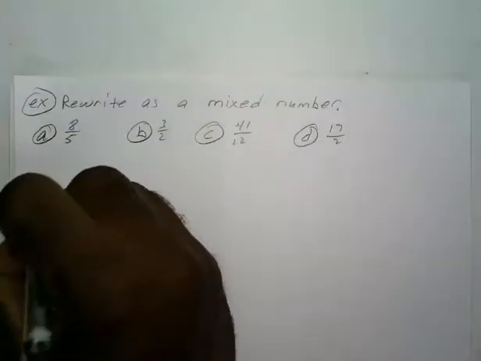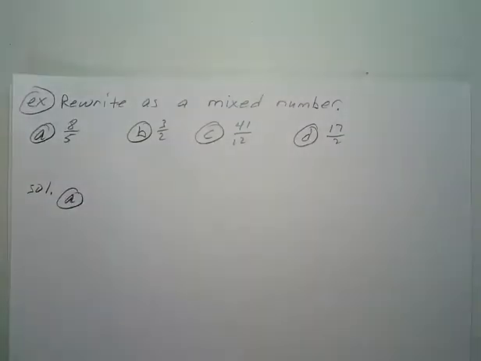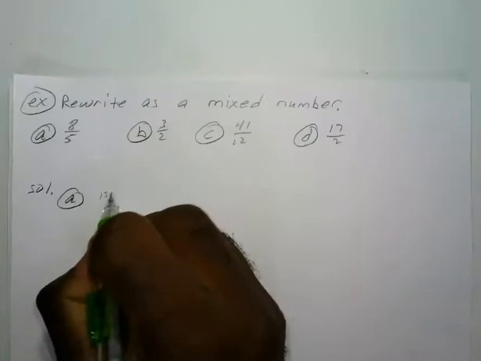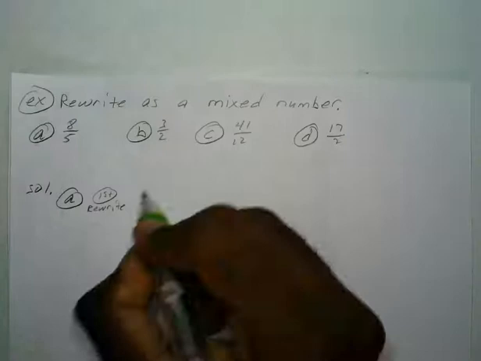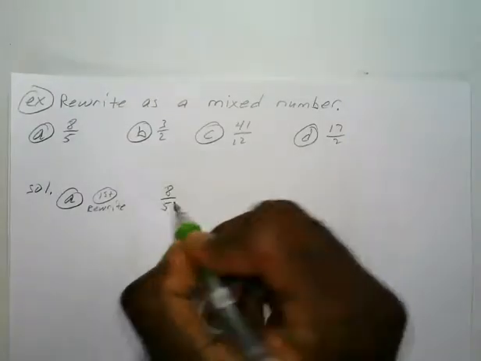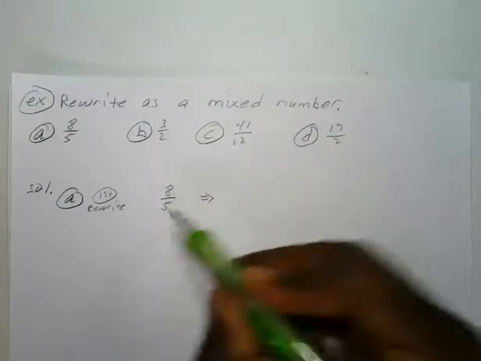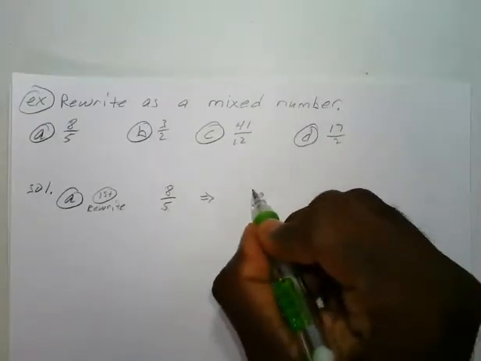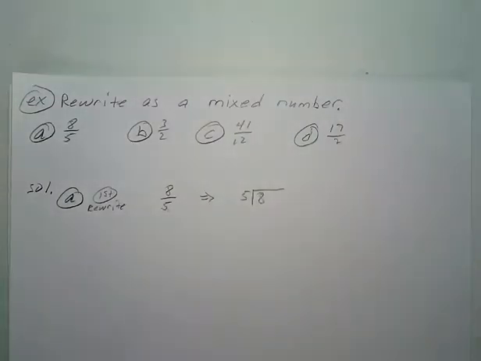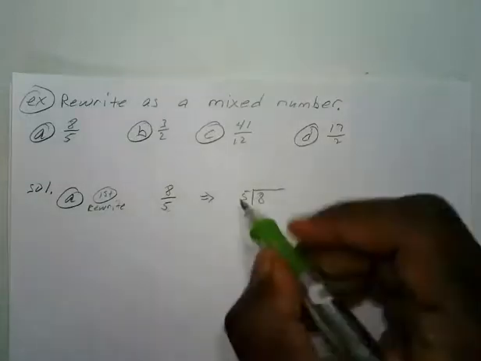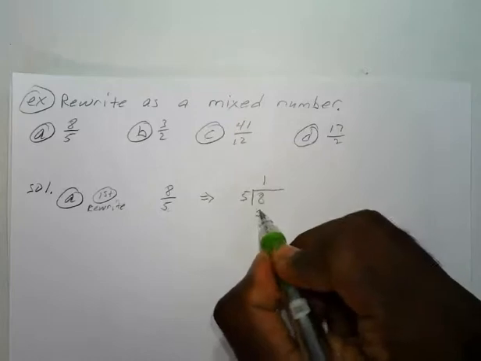Let's go through these steps. For problem A, remember your first step, to rewrite. So 8/5, you're just going to rewrite that as 8 divided by 5. And then you divide. 5 goes into 8 one time. 5 times 1 is 5.